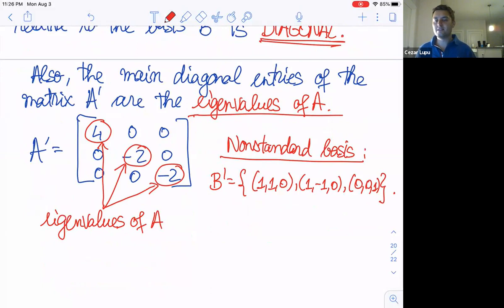Well, we will see how we're going to develop this. As you can see, this is a diagonal matrix, A prime. And in the next lecture, we'll discuss these results in great detail. So that's why I'm a little bit vague right now.